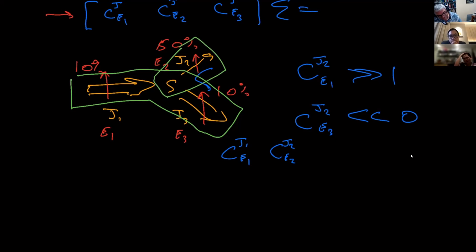And in fact, the control coefficient for J2 on E2 is roughly 1. It's its own little summation theorem, because the rest of the pathway basically doesn't notice changes in J2 because it's carrying so little water.